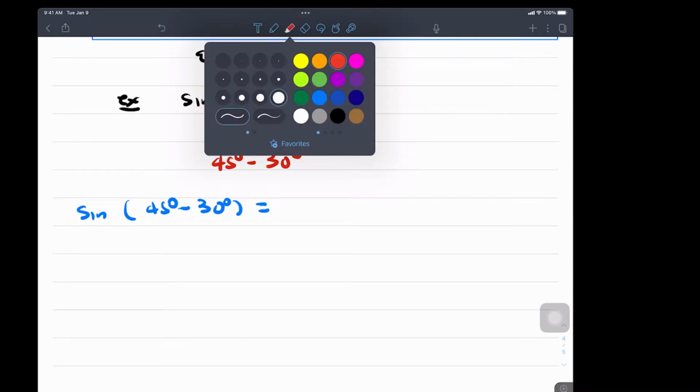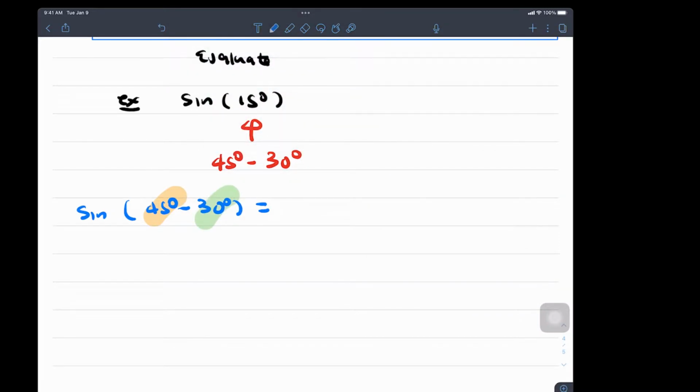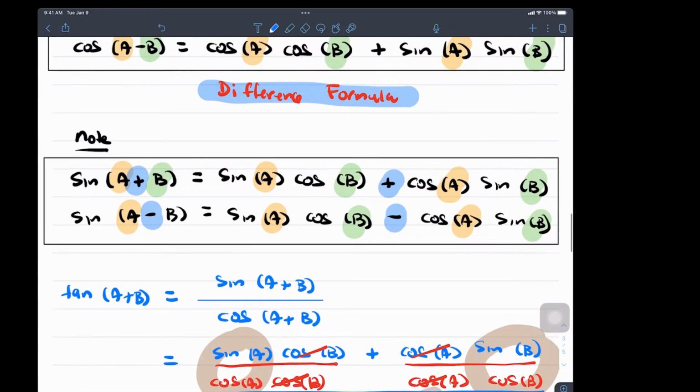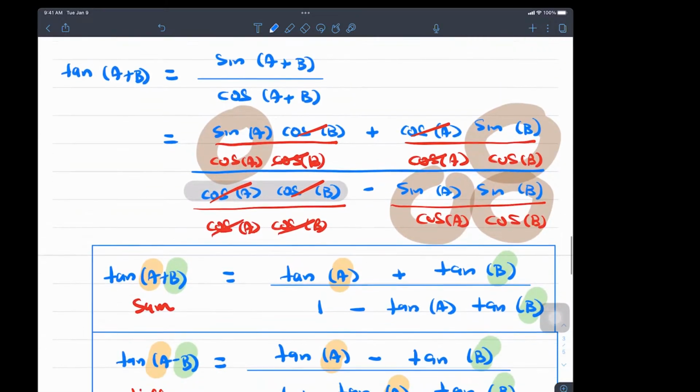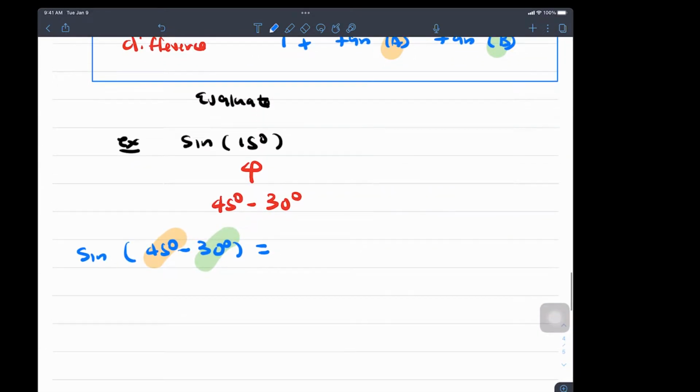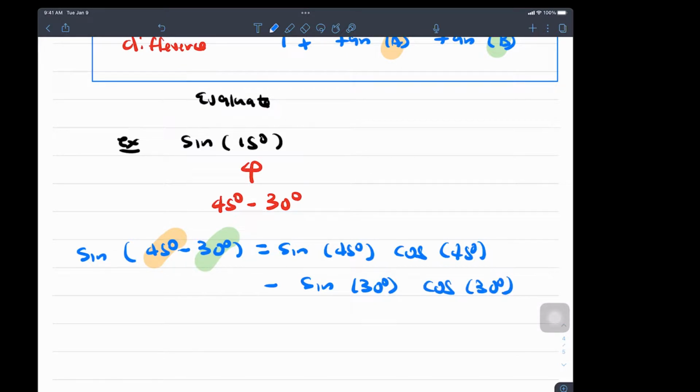What's sine of a difference? Well, there you go. It's sine A cosine B minus cosine A sine B. So it's sine 45 cosine 30 minus cosine 45 sine 30.